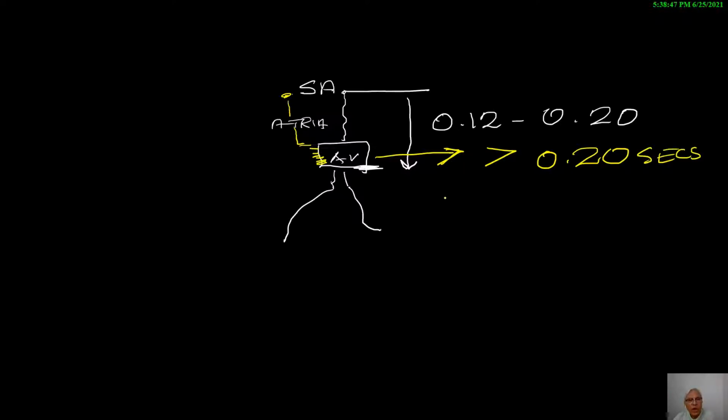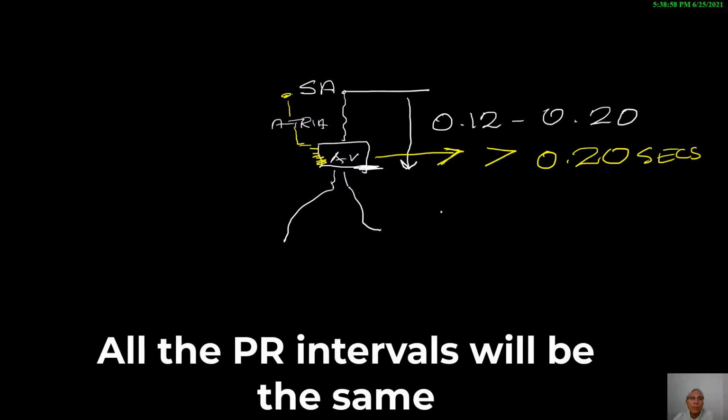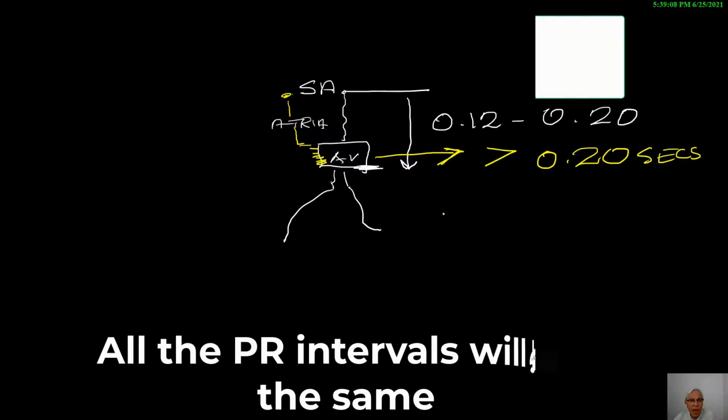It must be noted that all the impulses are going to be transmitted similarly through the AV node. So if the PR interval is going to be 0.22, it will be 0.22 for all the beats. All the PR intervals will be consistent in a first-degree AV block.